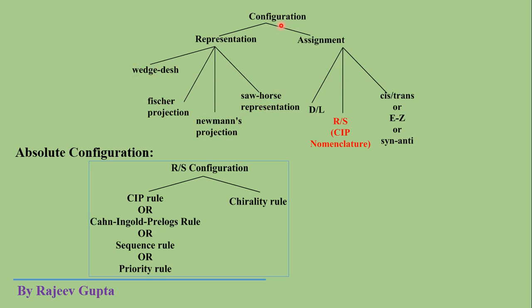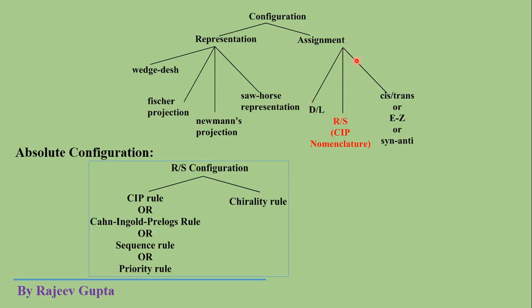Now in today's talk we will assign RS nomenclature or RS system to this chiral center. Here in this lecture we will consider only chiral center. This assignment of configuration we can make for Wedge dash, Fischer projection, Newman's projection and Sawhorse representation.